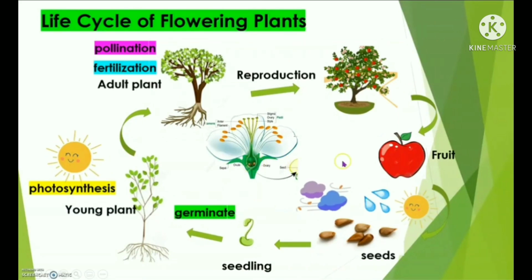That ovules becomes the seeds inside the fruit. So when we cut the fruit, we will see the seeds inside. Once the fruit has been consumed or been eaten, the seeds will then fall to the ground and develop into a new plant. Then the life cycle of a plant will then repeat itself.